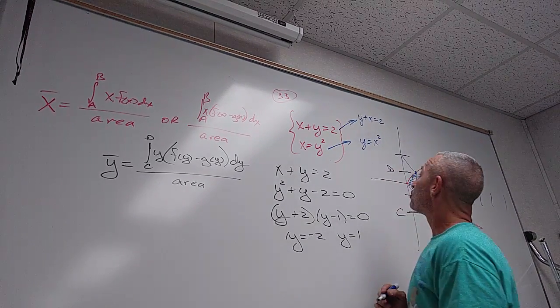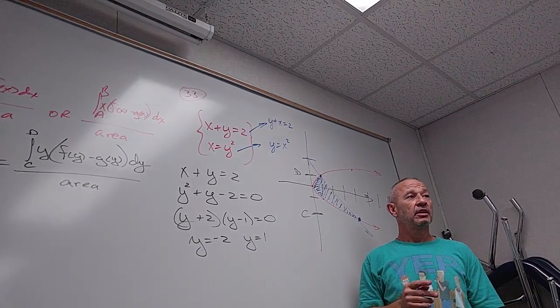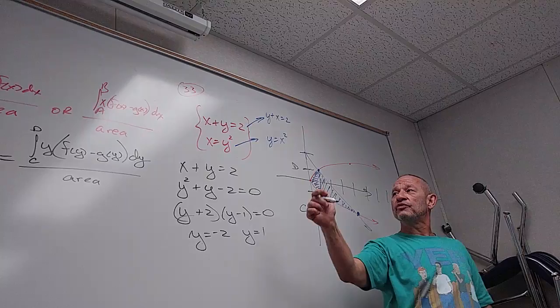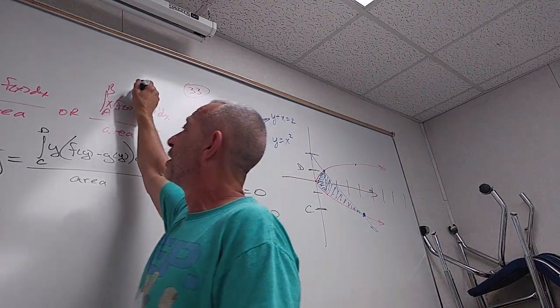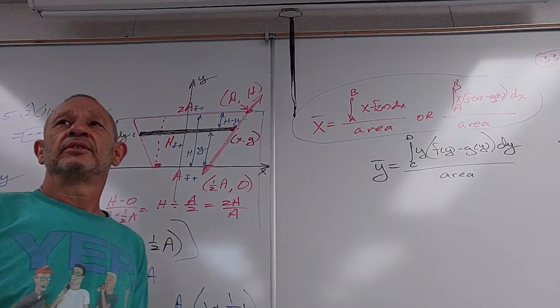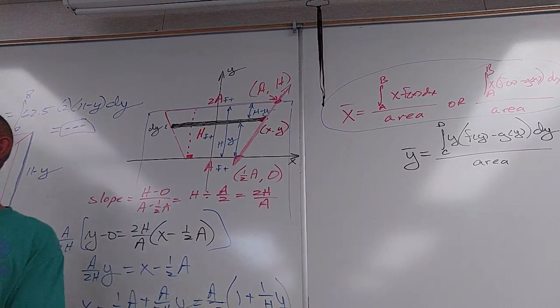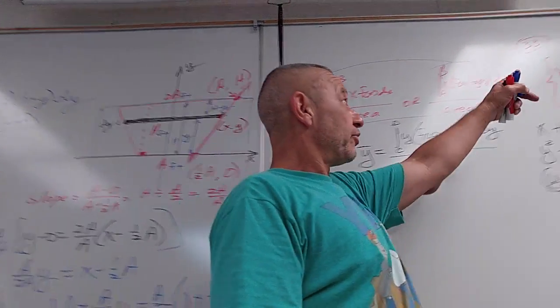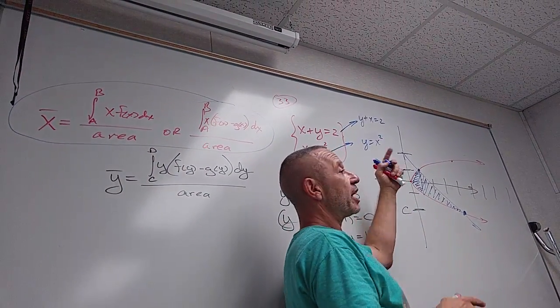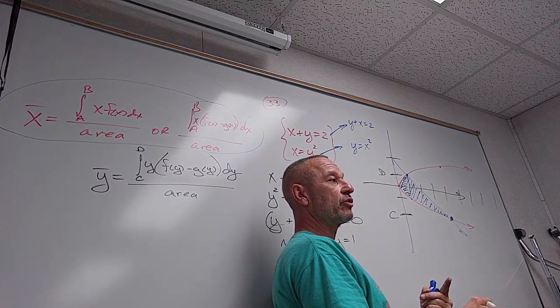I could find the centroid of that region, and then switch x and y back again. And if I do that, I get to use the formulas that the book gave. Then I don't even have to think, but that's the same thing as not switching x and y and switching x and y in these formulas. So let's do that, and then we'll just switch x and y back again.